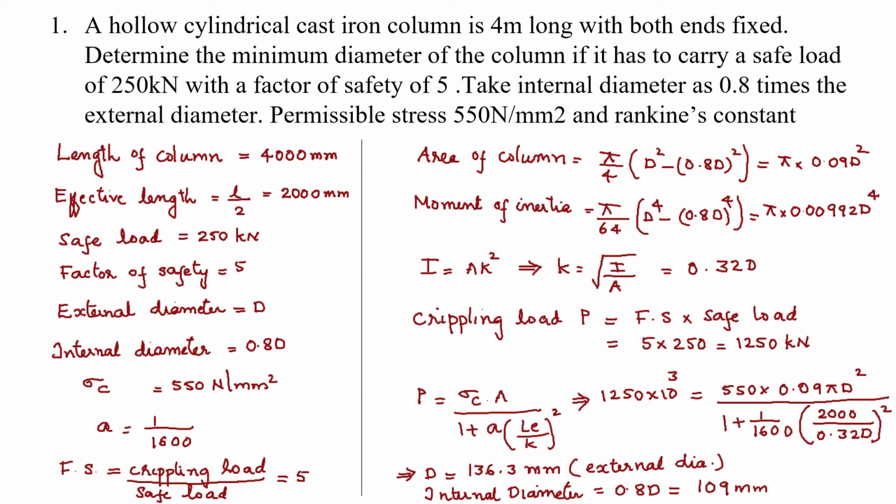We can substitute all the known values: sigma C 550, area 0.09 pi D square, Rankine constant A equal to 1 by 1600, effective length 2000 mm and K it is 0.32 D. Substituting all these values, we will obtain capital D, that is the external diameter, as 136.3 mm and internal diameter, which is 0.8 times the external diameter, that is 109 mm.